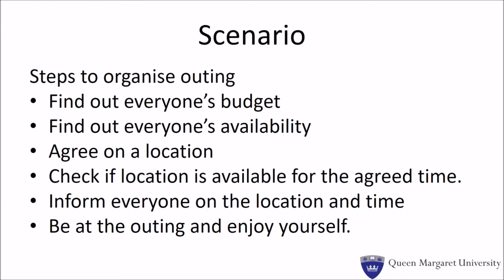And then to find out if the location is actually available for the time that you want to go for your outing. Next, once you organize all that, you need to then inform everyone of the location and time. And then lastly, organize yourselves and other people to be at the place itself in order to enjoy the outing.